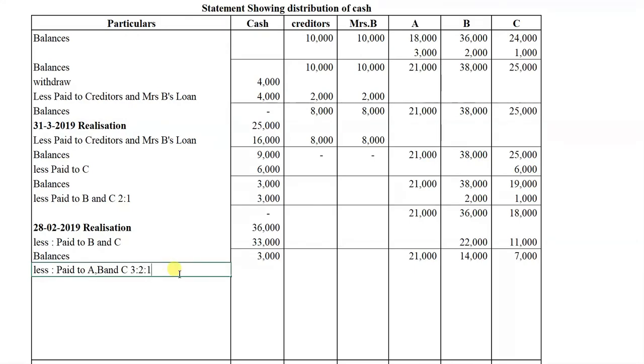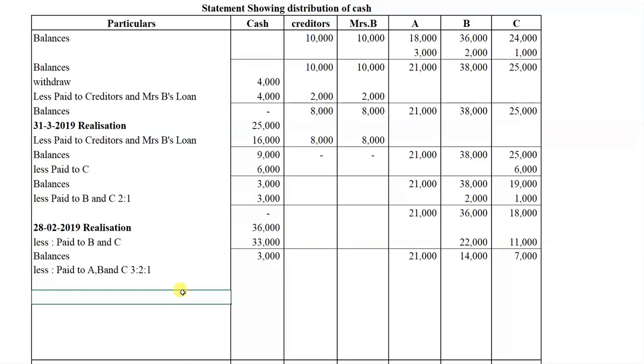3:1. So 3,000 divided by 6 is equal to 500. So here is 500, then 500 into 2 is 1,000, and 500 into 3 is 1,500. So total amount 3,000.